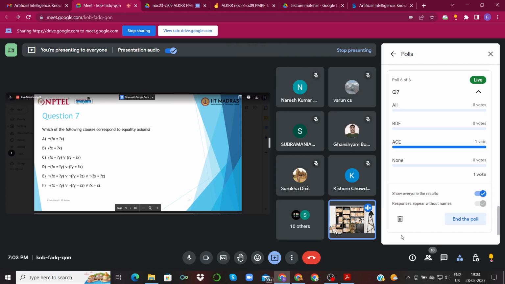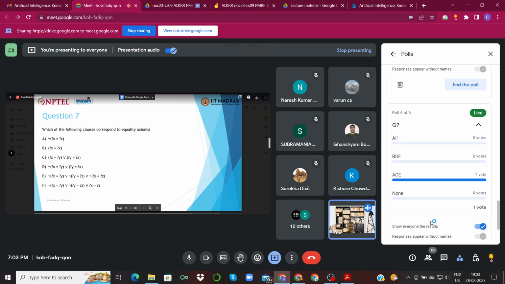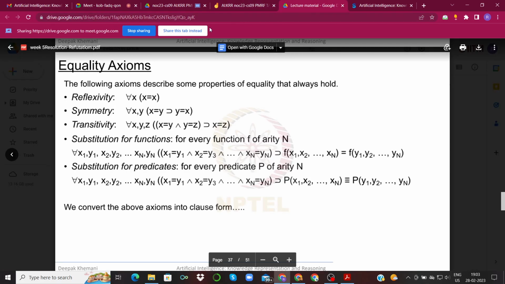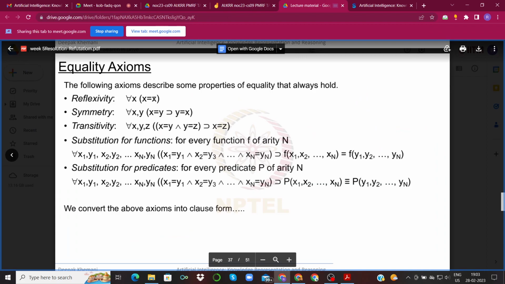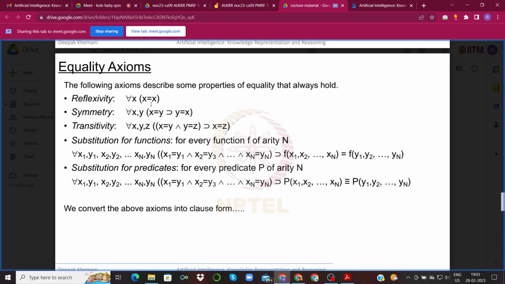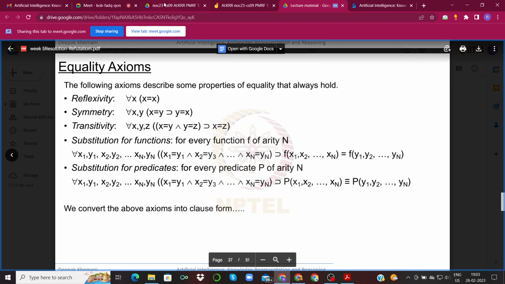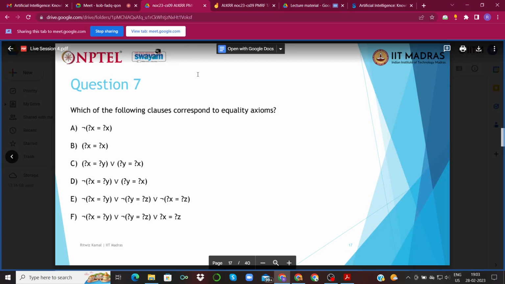Okay, so we have one vote for options A, C, and E. Let's have a look at the equality axioms once more. We have reflexivity, for all x, x equals x, but we don't have a negation anywhere outside of it, right? So can option A be correct then?